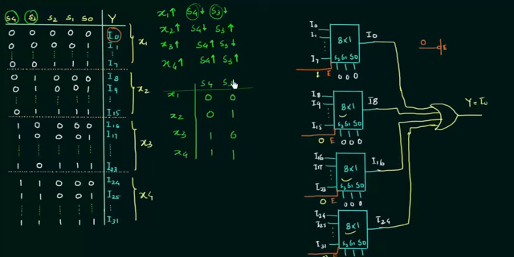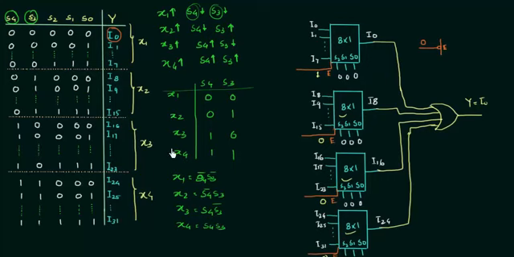So this is the table that we have obtained, and you can clearly see we require 4 AND gates. x1 is equal to S4 complement S3 complement, x2 is equal to S4 complement S3, x3 is equal to S4 S3 complement, and x4 is equal to S4 S3.